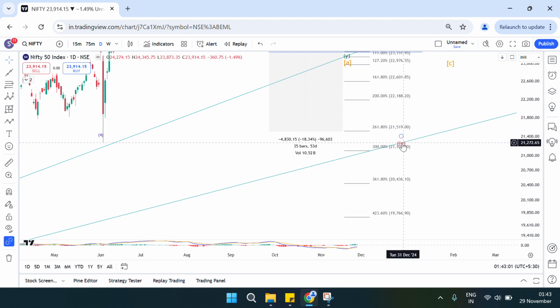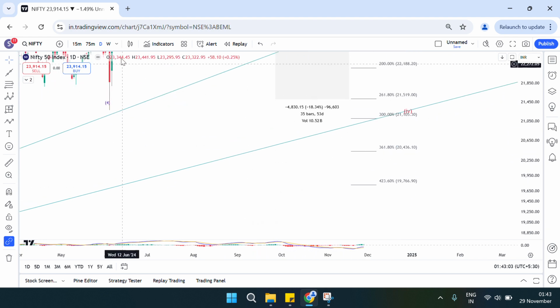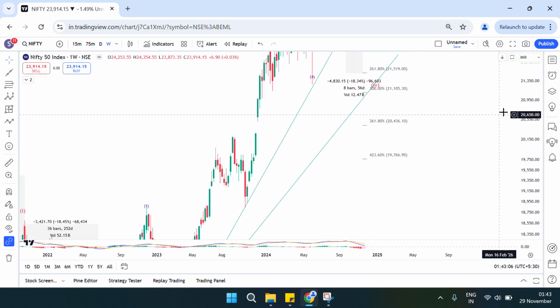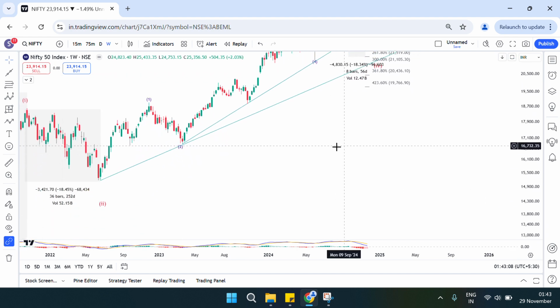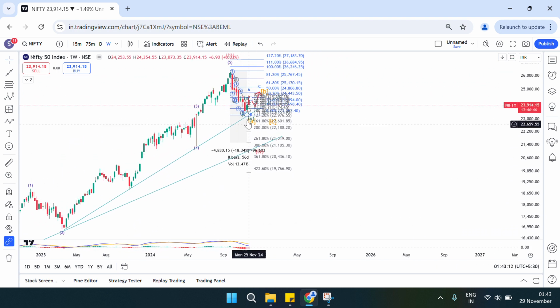So we are expecting that this price could very well come to this trend line, which is slightly below, which is also a trend line from 0 to 2. Now, whether this particular trend line is touched or not, that's something we'll need to see.